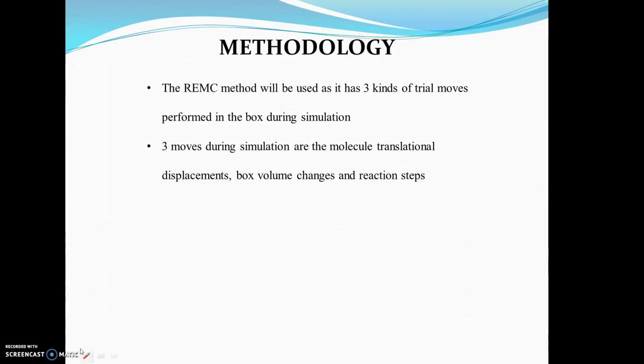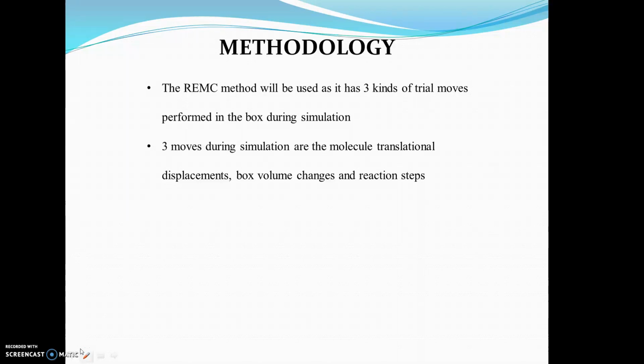Next we'll be talking about the reaction ensemble Monte Carlo method. This method has three kinds of trial moves performed in the box during simulation. Reaction ensemble Monte Carlo generally is a simulation that uses a single simulation box to simulate single phase reversible reactions. The three moves during simulation to achieve equilibrium are the molecular translational displacement, box volume changes, and reaction steps.